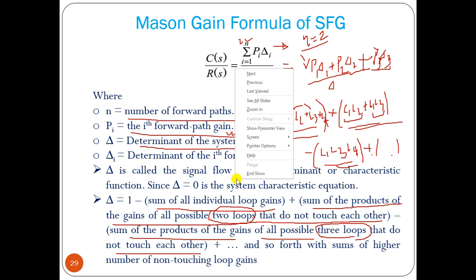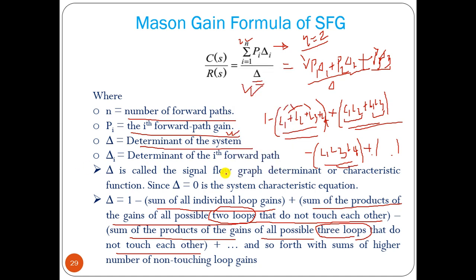Now delta is called the signal flow graph determinant, or the characteristic function. If we put delta equal to 0, that will be the system characteristic equation. A transfer function can be written as numerator polynomial by denominator polynomial.